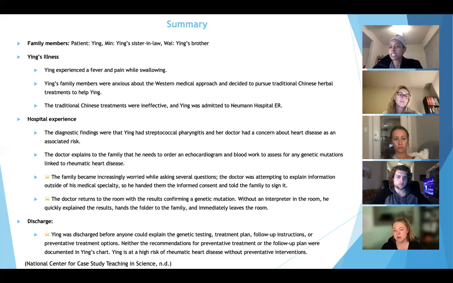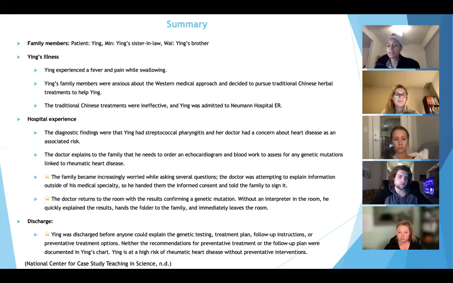So I put stars next to the next ones because these are points in the case that really highlight some of the ethical issues. So as the family is becoming worried and they're not being properly informed, the doctor does not come back to try to explain, and he does not also get a medical interpreter to help.